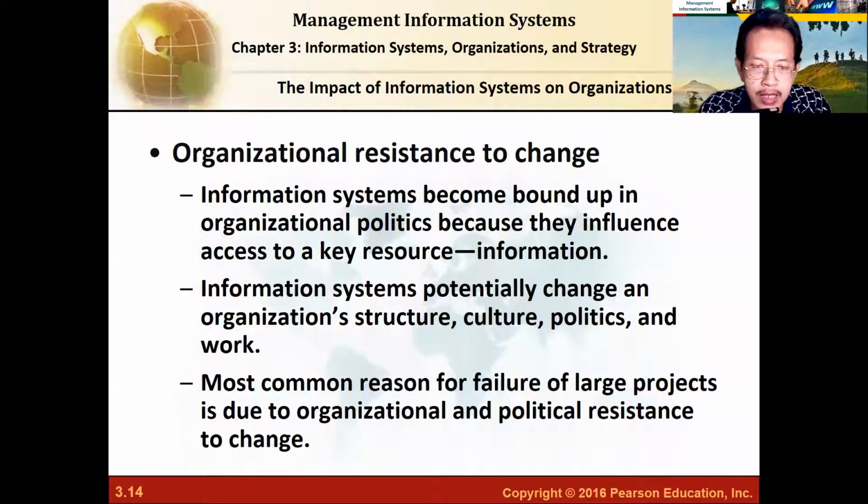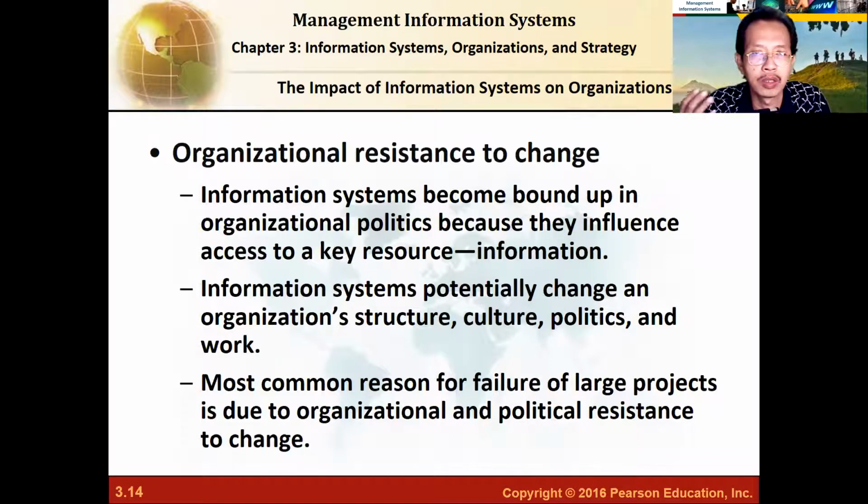Now here we see that in the organization, there would always be resistance to change because people don't like to change. People who use the manual system or an old information system are used to using that system. It needs hard work to study the new system, to start using new business processes, for instance.